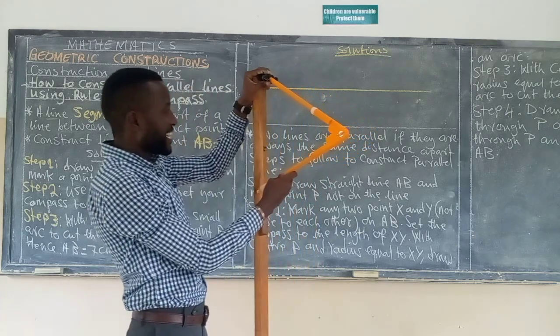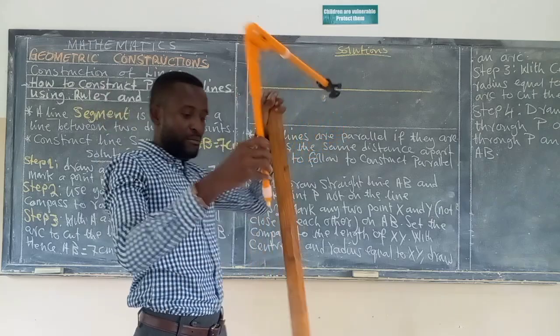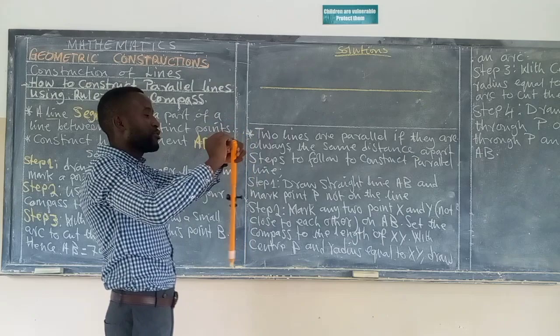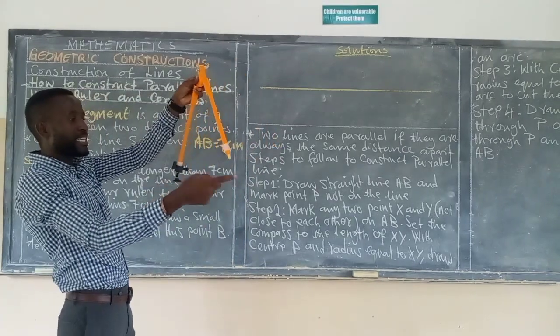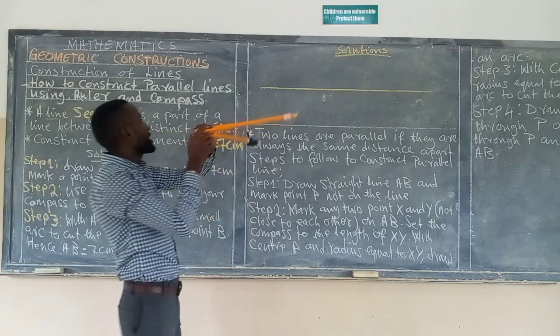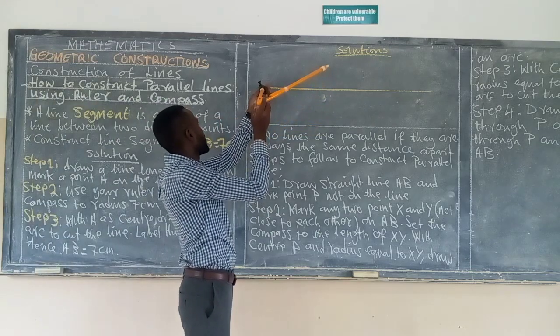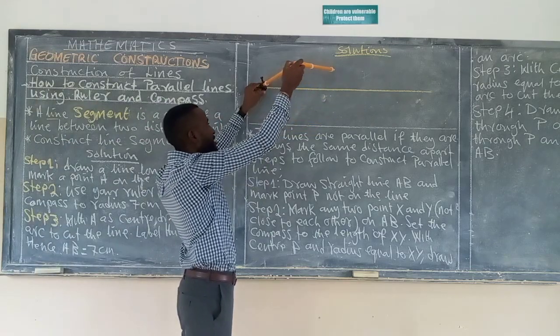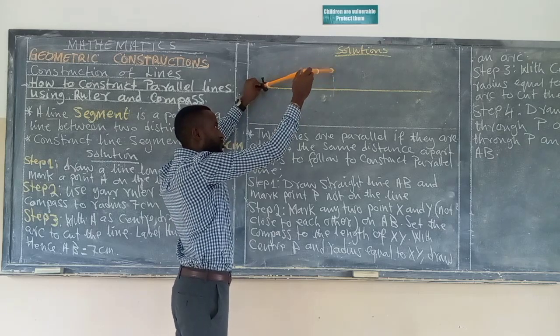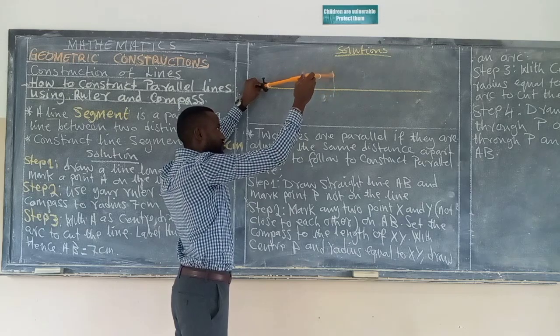When you have opened to the radius 7 centimeter, you can maintain the radius and put your ruler down. Using the same radius, put the sharp pin at any point which you name A, and strike an arc there. You see that?